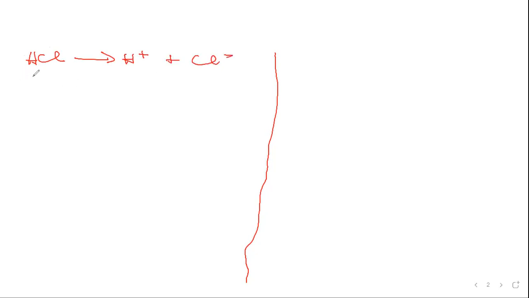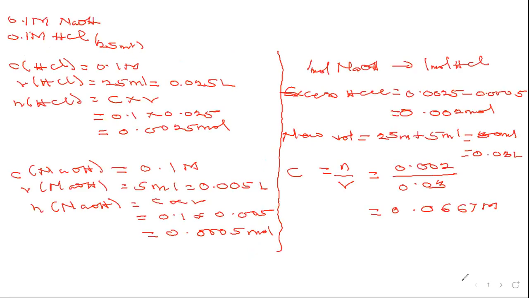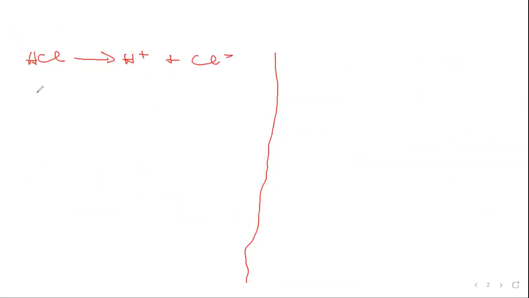The excess that we're having in solution, from here, this is the concentration of it, 0.0667. It means that initially we're having 0.0667 molar of the acid.